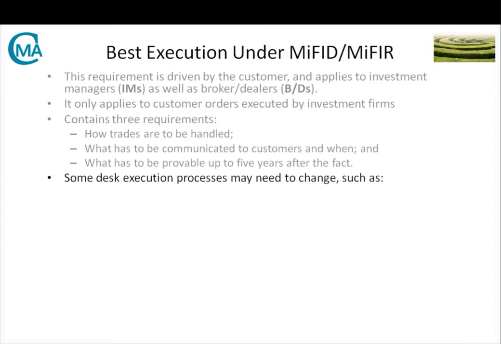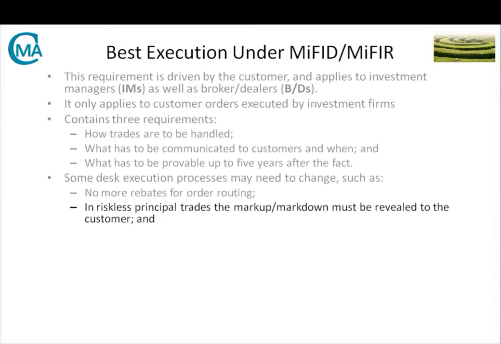Some firms, a lot of what they do is fairly compliant, but no more rebates for order routing. That's specifically called out in the rule. So for some firms, that's a change in their income stream and in their practice.